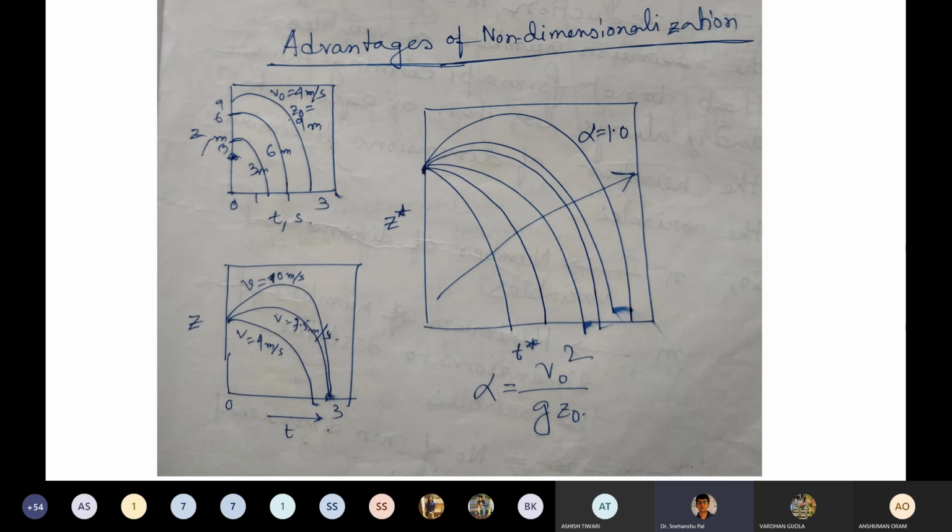So independent of size and shape, at least on the macro scale, we can go for understanding the characteristics of a particular system. That is the biggest advantage of non-dimensionalization. And another advantage is that you have to consider fewer variables to understand that particular system. These two advantages are very obvious.